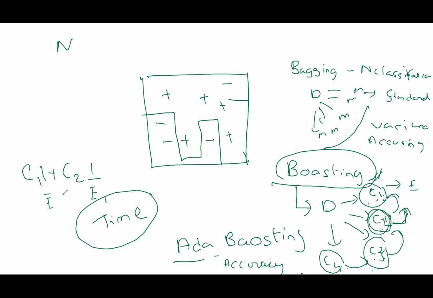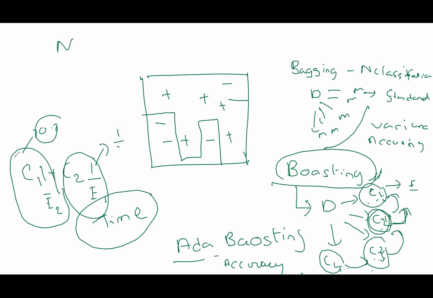Let's say it has an error of 30%, it takes 70% from here, and then maybe 60% of this one. The ones this has misclassified get added here, and the ones this has misclassified get added from the third classifier. That's why boosting is one of the important techniques.